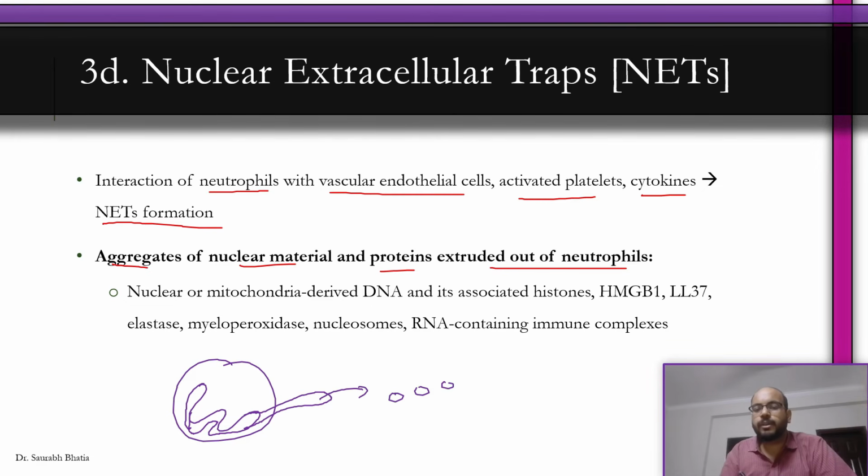So all the molecules like mitochondria derived DNA, histones, HMG1, LL37, which is one of the antimicrobial peptides, myeloperoxidase, nucleosomes, RNA molecules, all this cellular debris, the other immune cells will recognize it.